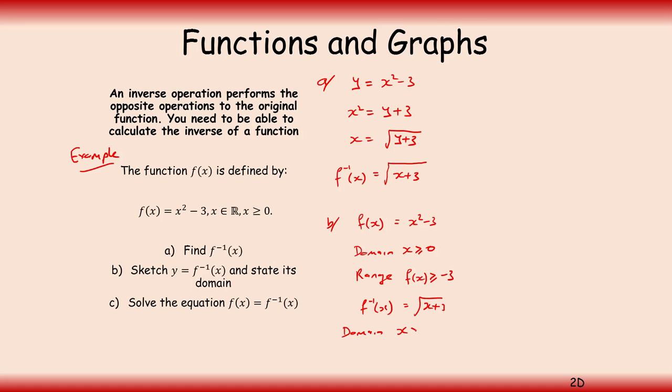So that means x is going to be greater than or equal to -3, and its range, f to the -1 of x, is going to be the domain of the original. So it's going to be greater than or equal to 0. So it's handy having the inverse function, because all you do is just flip the domain and range around of the original. We can sketch that.